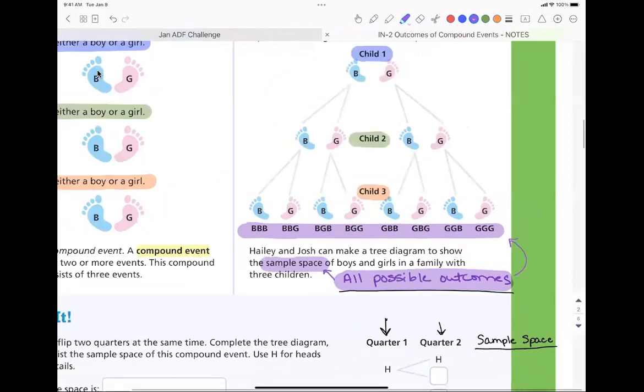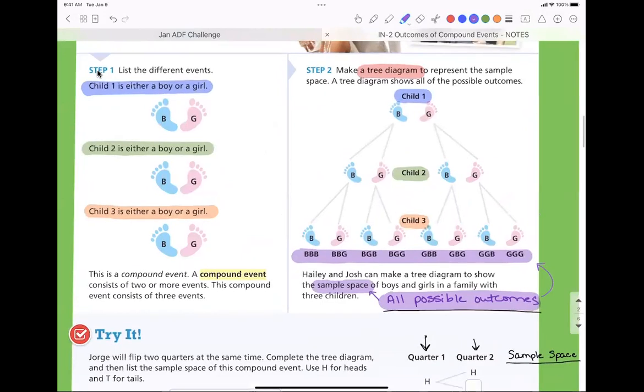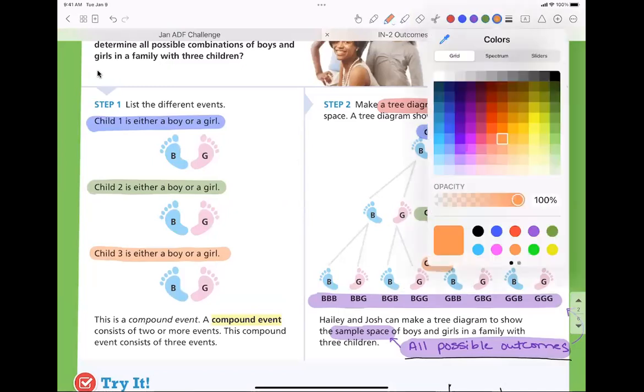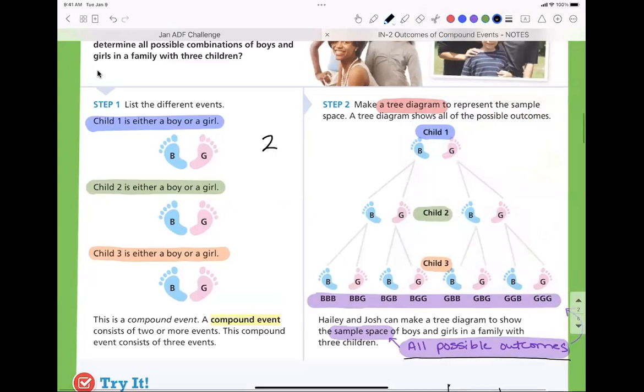Now, I do want to point out, could we do a quick check that 8 is the proper number of outcomes, that our tree is right? We can use that multiplication principle that we talked about earlier, because for child number 1, what are the possible outcomes? Boy or a girl? So there's 2. Then child number 2, as a standalone event, has 2 possibilities, boy or a girl again.